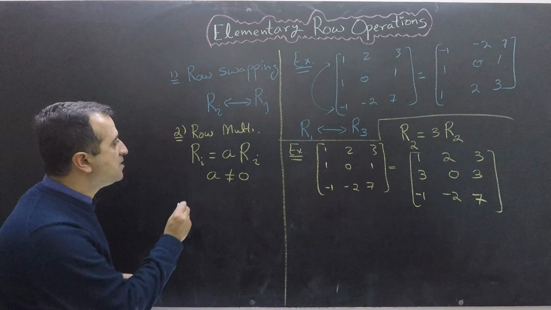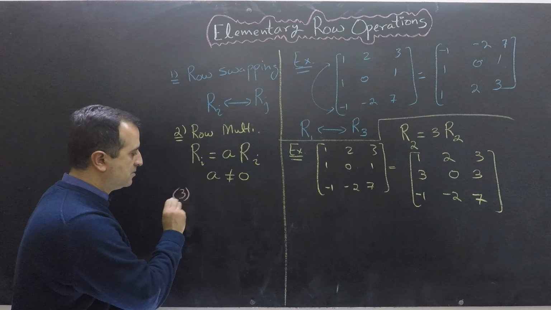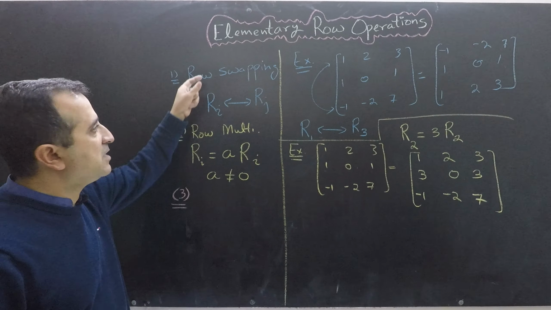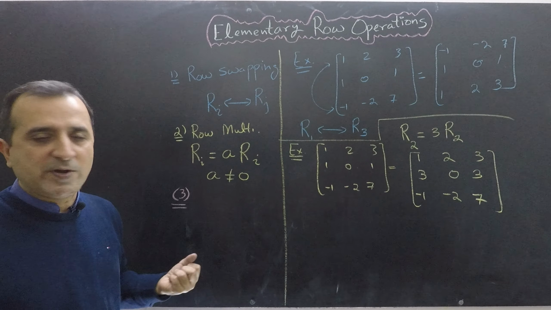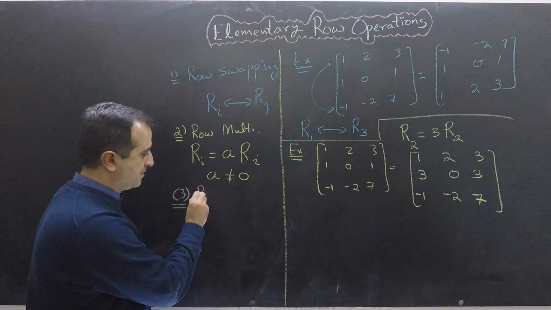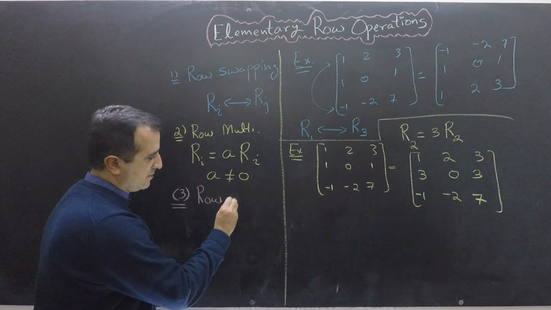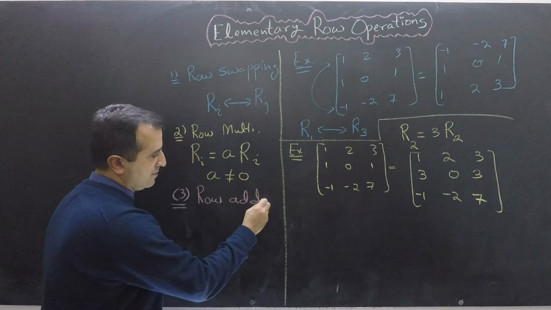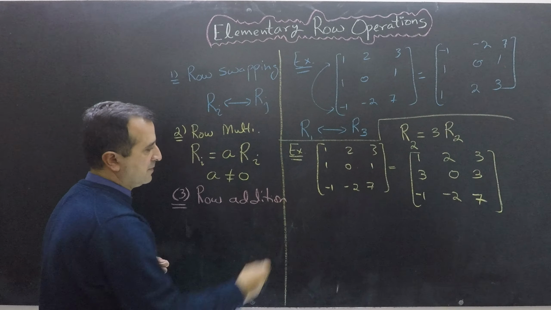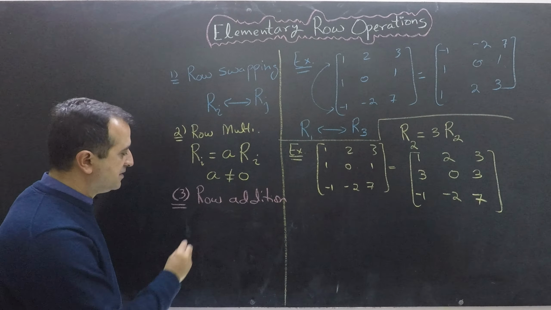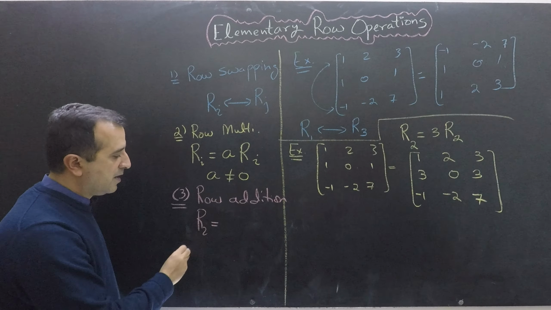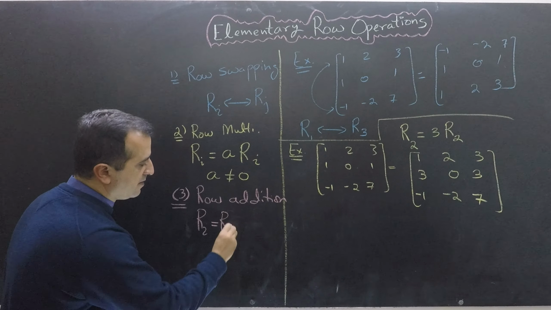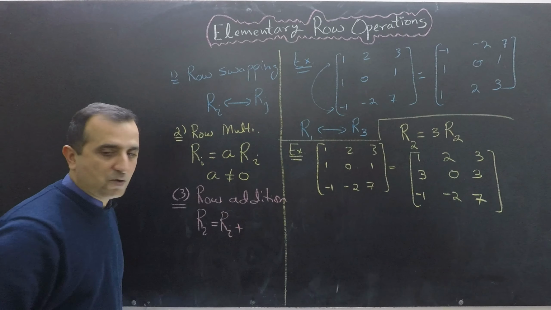Our final operation, because I told you earlier that we have only three elementary row operations, is row addition. In row addition, let's say I have a row i, then in row i I will add another row j.